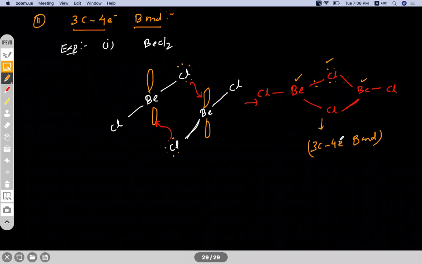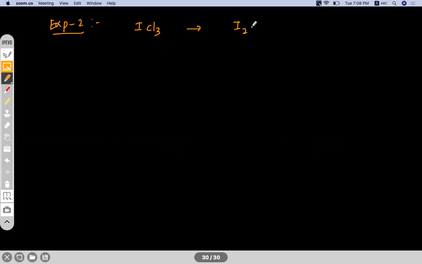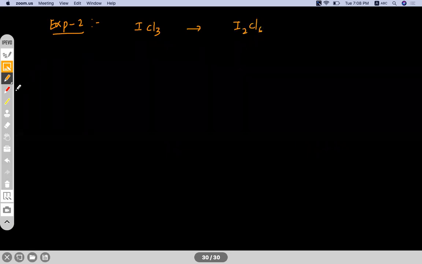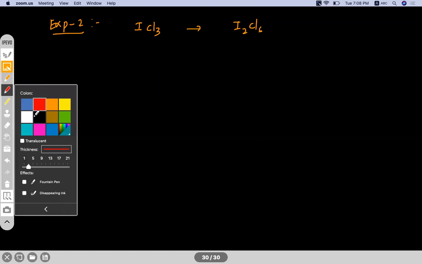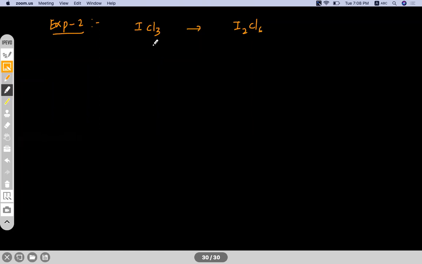Okay, done. One more example in this: ICl3, which dimerizes as I2Cl6. Why this happens is that when you look at ICl3, you can find out its geometry and hybridization.